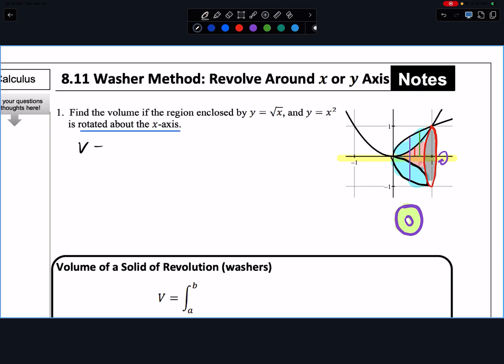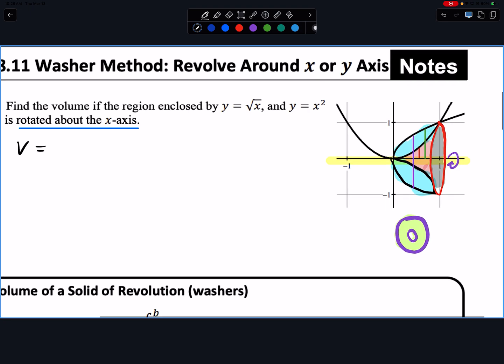V is equal to, we're doing it with respect to the x-axis, guys, so where would the blue region start? 0. So it'd be the integral from 0 to 1 of pi. Remember, it was pi times our radius squared. So we're going to do big function minus small function, the function that's farther away. Do you guys agree that the square root function is farther away?